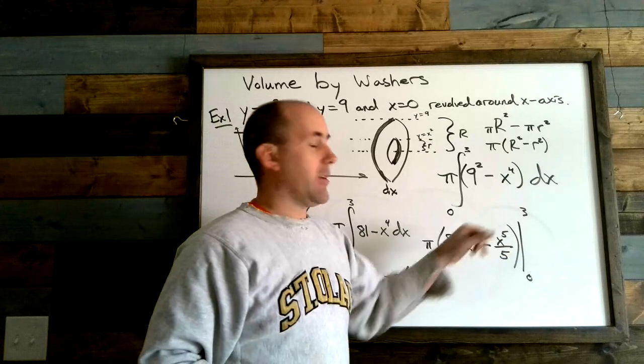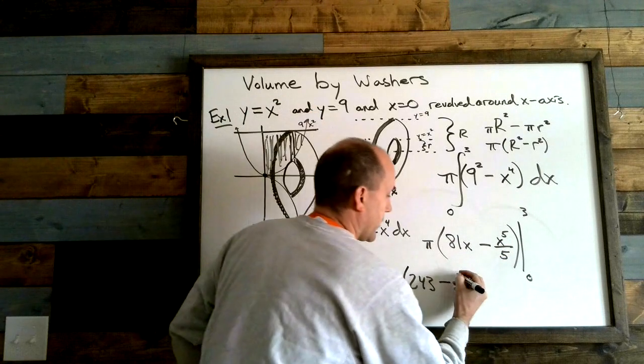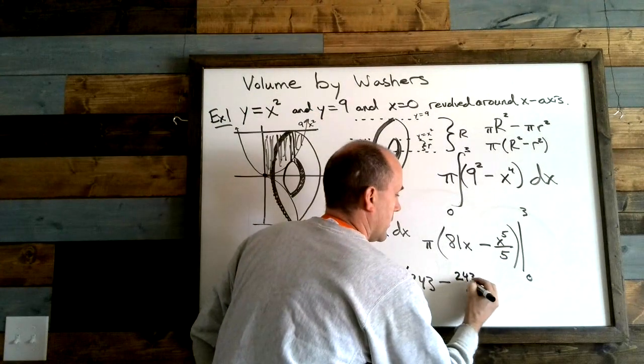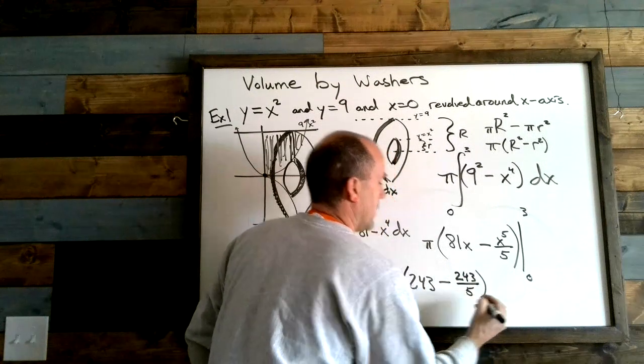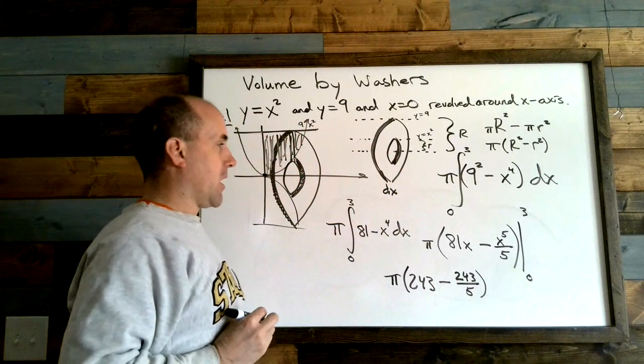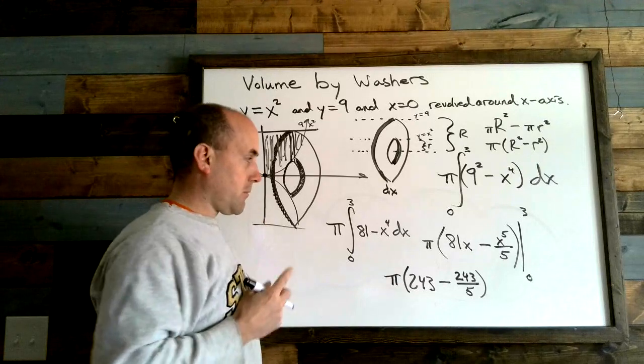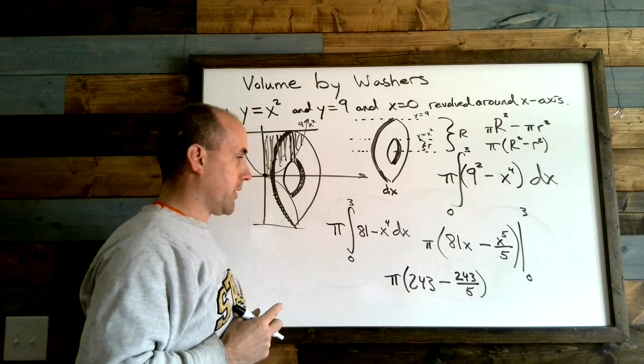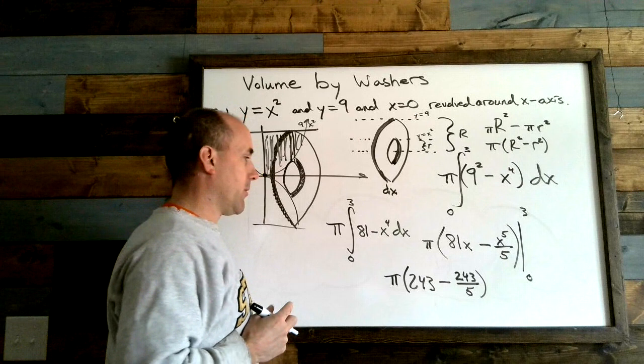Minus 3 to the 5th is 243 over 5. It looks like I'm actually going to have to do this. I don't have my calculator around.